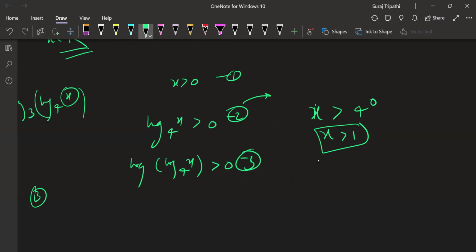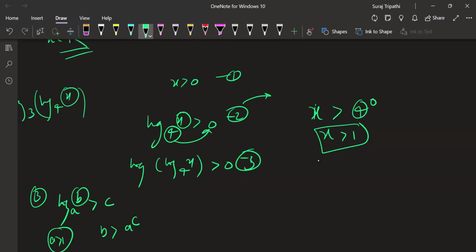The third property was based on this one: log of b with base a, if this is greater than c, then we can write b greater than a raised to c if a is greater than 1. As you can see here, the base is greater than 1, so we can write the argument is greater than the base raised to the index, so 4 raised to 0. So x would be greater than 0.